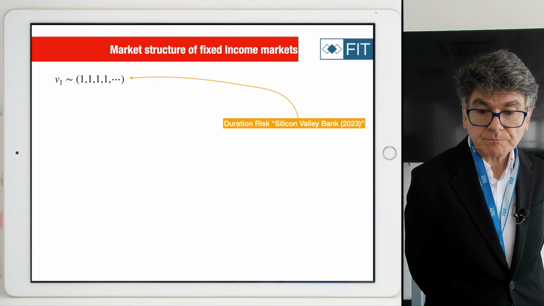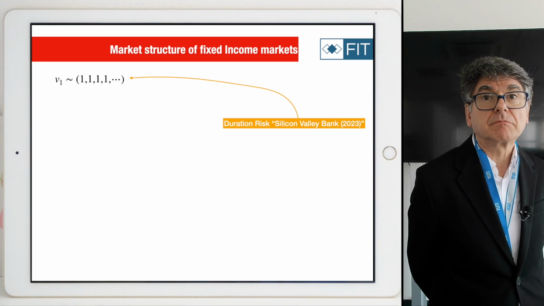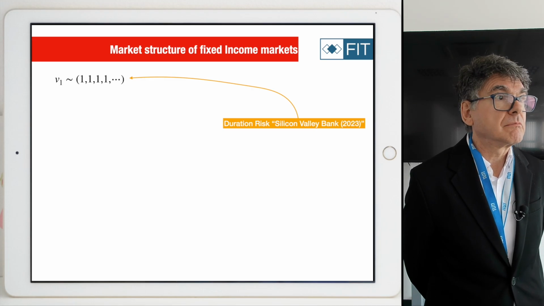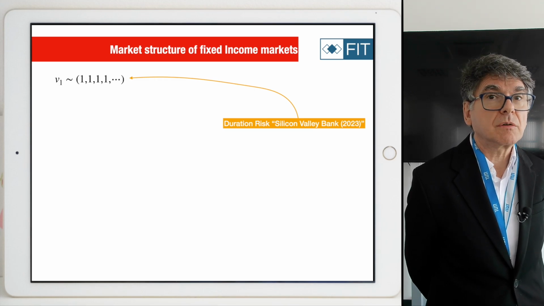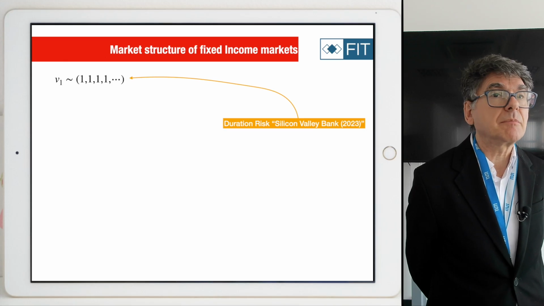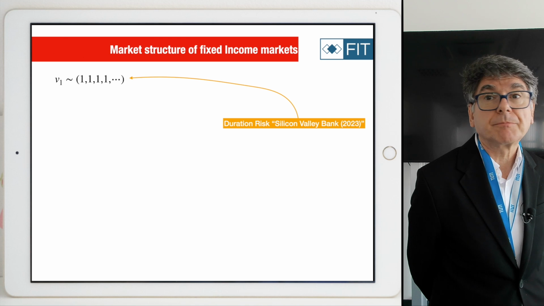This was the vector that killed them. Because they had bonds. And bonds, when rates go up like that, become worth less. They lose like 50% of their value. The duration is 10 years.